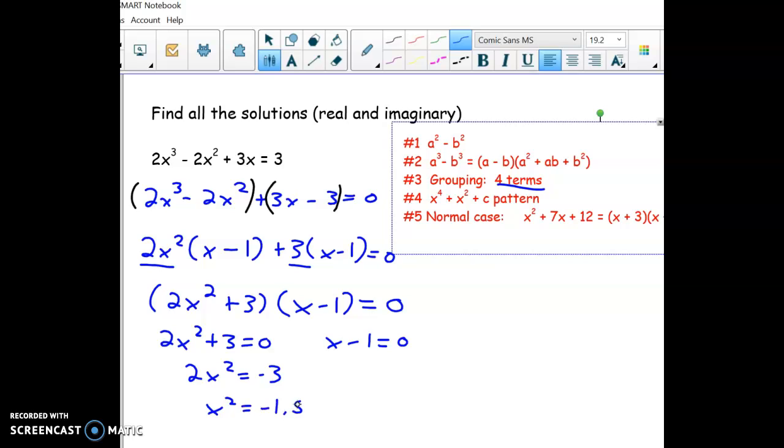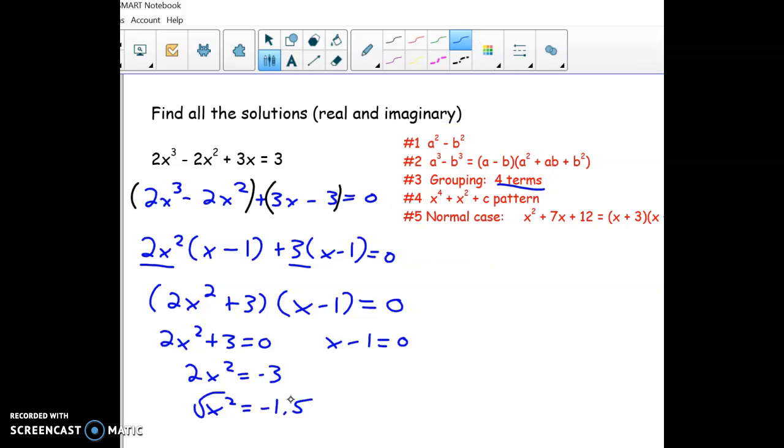So it's going to be a little weird, negative 1.5, but when we take the square root, we're going to get an imaginary there. So we're going to get plus or minus i, and then just leave it as square root 1.5. It's a little weird answer, but that's 2 imaginary answers. And then this one's just going to be 1. Add 1 to both sides. Boom, we got our answer. So sorry I can't circle this very well down there, but plus or minus i root 1.5 is our other pair of answers down there.